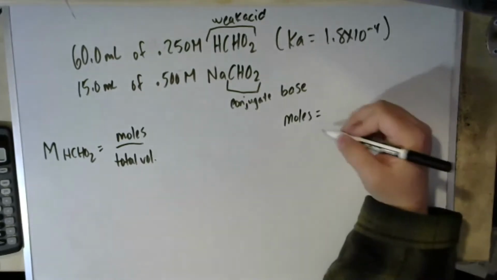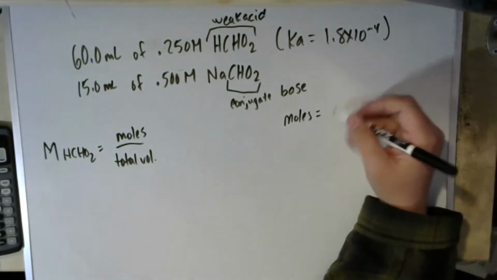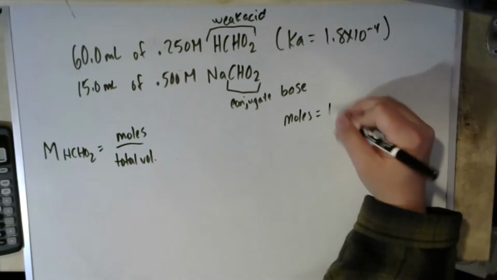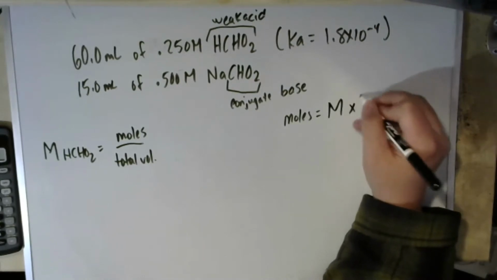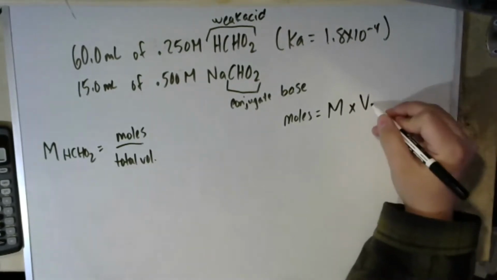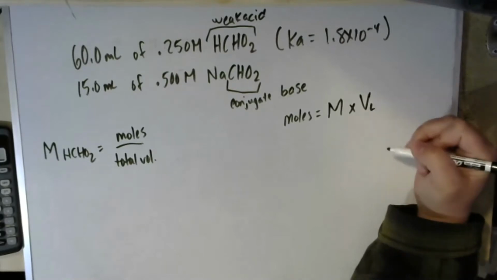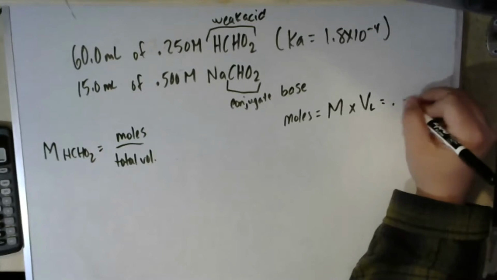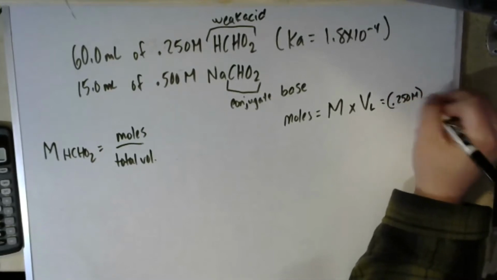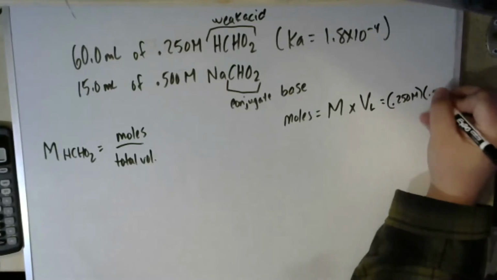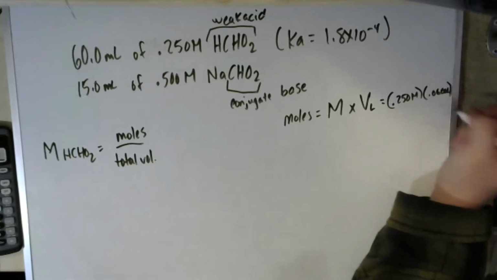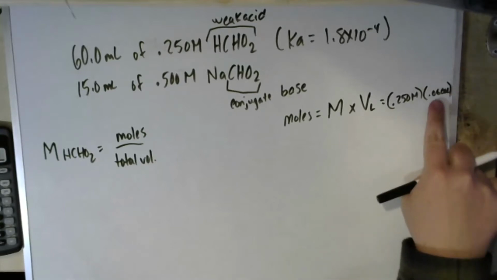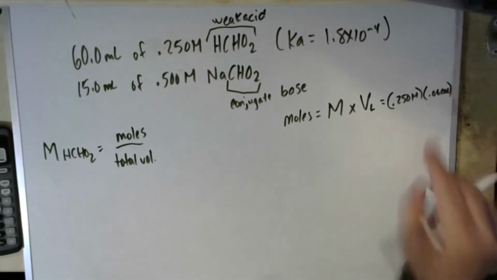So our formula for finding the moles from molarity and volume is always going to be a multiplication. And this volume value should always be in liters. Okay. So 0.250 molar times 0.0600 liters. Sorry, that got small, but that says 0.0600 liters.